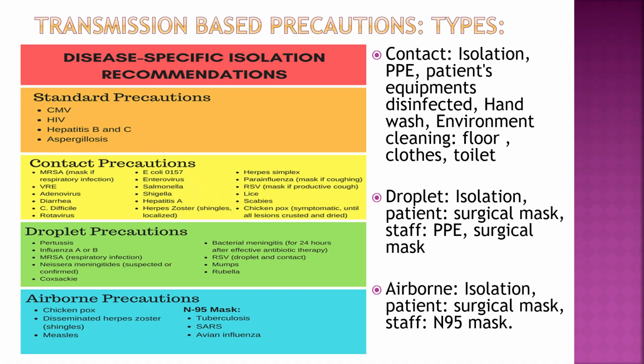Now we will see what the causative organisms are. For standard precautions, the organisms are cytomegalovirus, HIV, hepatitis B, C, aspergillus. In contact precautions, the organisms are MRSA, then VRE, vancomycin resistant enterococci, adenovirus, diarrhea producing Clostridium difficile, rotavirus.